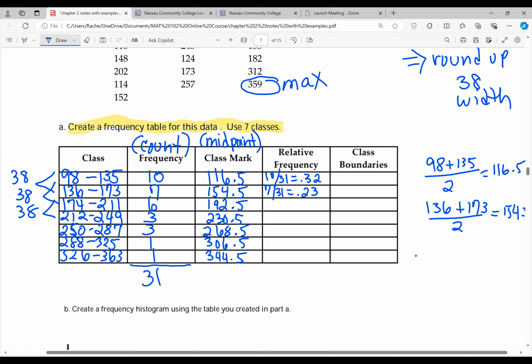The next is the frequency 6 out of 31, and that's 0.19. The next is 3 out of 31, which is about 0.10. The next one is the same, 3 out of 31, which is 0.10. And then the last two are going to be 1 out of 31, which is about 0.03.